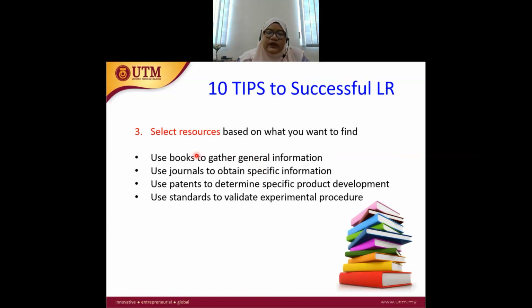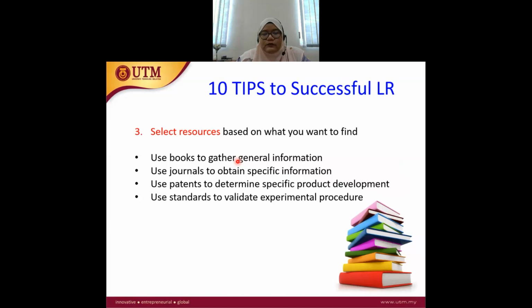Moving on, you have to select the resources based on what you want to find. For example, if you want to find general information or theories, you search for books. Theories are plentiful in books.